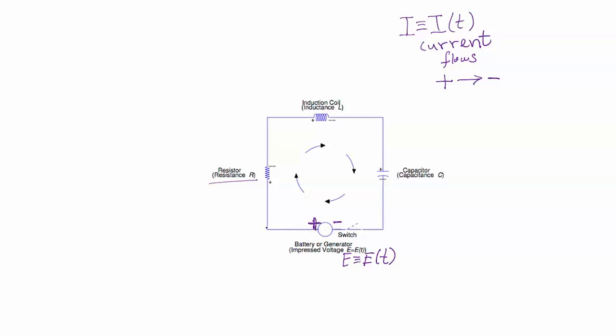If you can follow the trace of what I'm indicating, let me do that again. From the positive terminal of the battery, the current will be flowing with this sense of direction towards the negative. So the flow is assumed to go from positive to negative around the circuit.